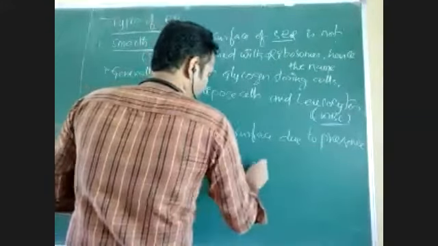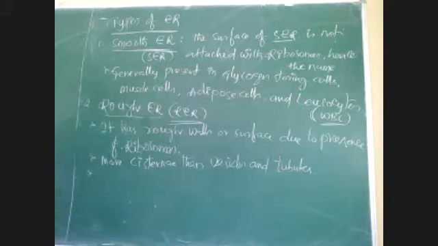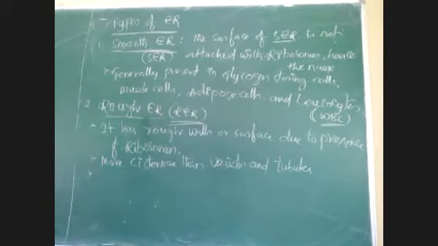But in smooth ER, less cisternae, more tubules and vesicles, because here ribosomes are present. Ribosomes have to attach to the surface of cisternae, so cisternae are present in more number in rough ER. But in smooth ER, ribosomes are not present, so less cisternae than vesicles and tubules. That is one important point. And this endoplasmic reticulum, which is rough, is there, na?